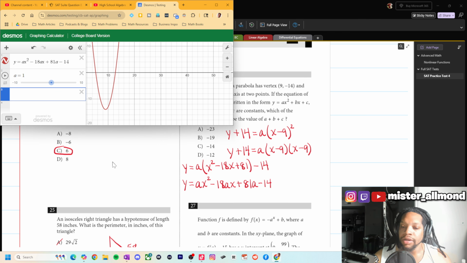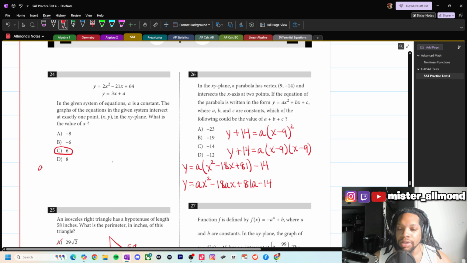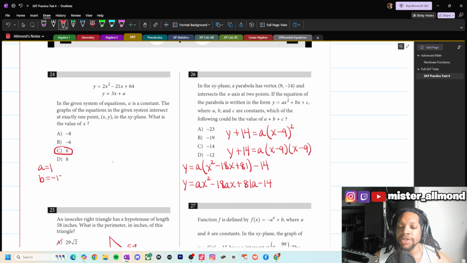So if I'm letting A be 1, that means B is -18 times 1, which is -18, and C would be 81 times 1 minus 14, so that's 67.